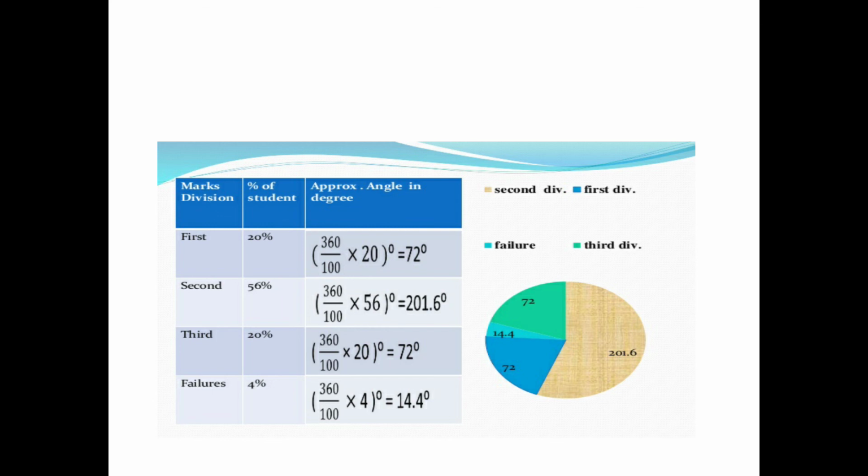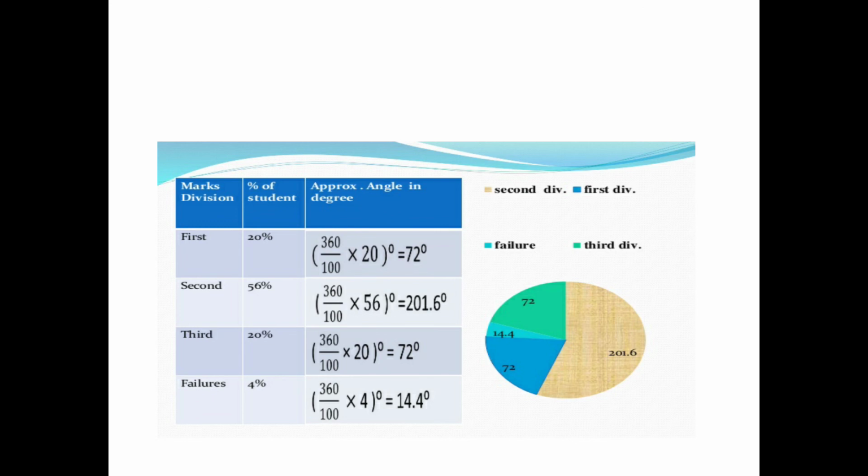Next for second class, 360 divided by 100 into 56, which is equal to 201.6 degrees. Then third class, 360 divided by 100 into 20, which is again 72 degrees. Then for failures, it is only 4%, so 360 divided by 100 into 4 is equal to 14.4 degrees.